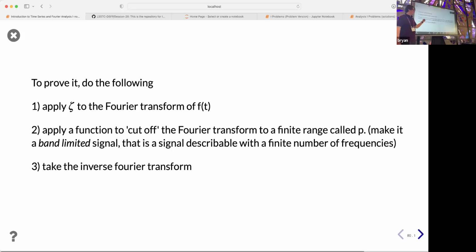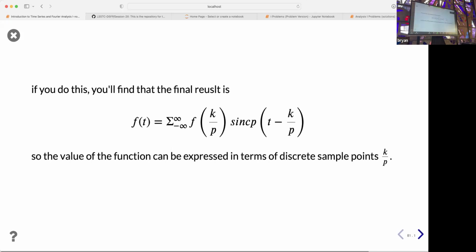Then if you take the inverse Fourier transform back, you will get the following result. This is the sampling theorem, the actual statement of it, not the factoid that people often repeat, which is the Nyquist frequency. So f of t is equal to a sum of these kinds of functions, evaluated at values k, frequency points basically, divided by the bandwidth of the signal.